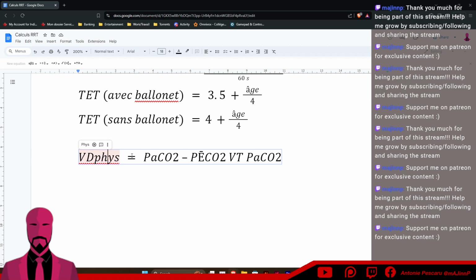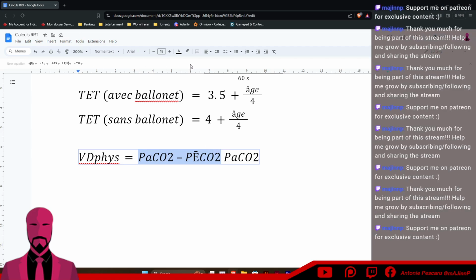Anyways, partial arterial pressure of CO2 minus the partial pressure of expired CO2, and then this over here needs to actually be divided by your PaCO2 times your tidal volume.